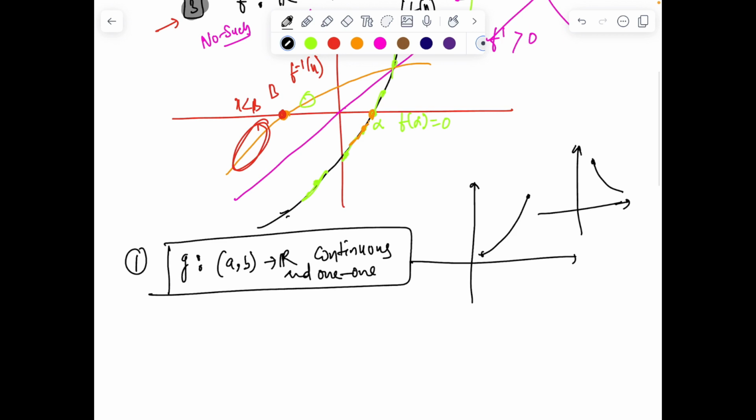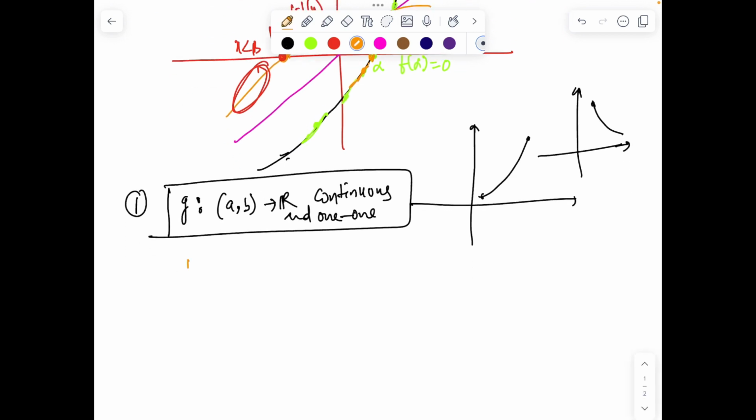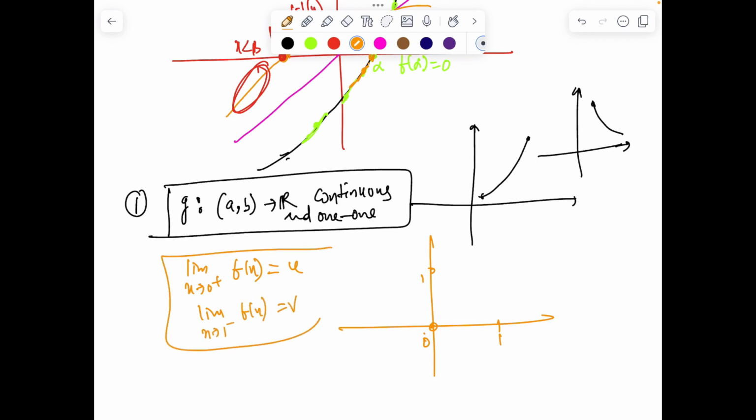Okay, so using this result, what can we tell? The limit as x tends to 0 plus of f of x, because we have the function f of x operating from [0,1] to [0,1], is some u, and the limit as x tends to 1 minus of f of x is some b. Now since the function has to be 1-1 and onto, this u must be 0 and b must be 1.